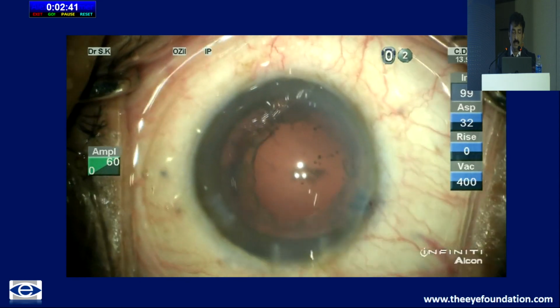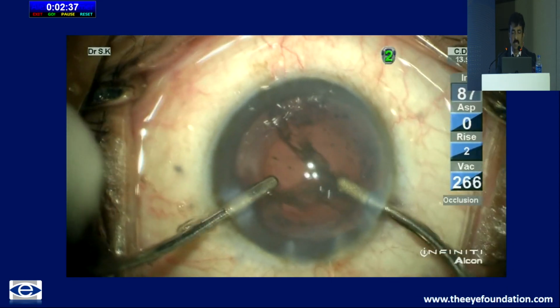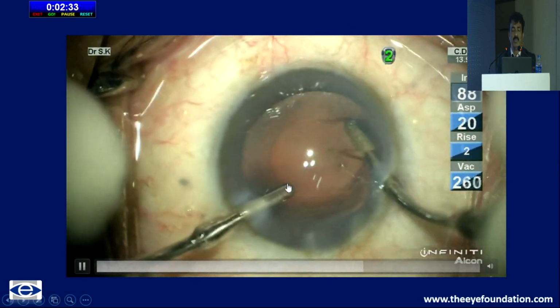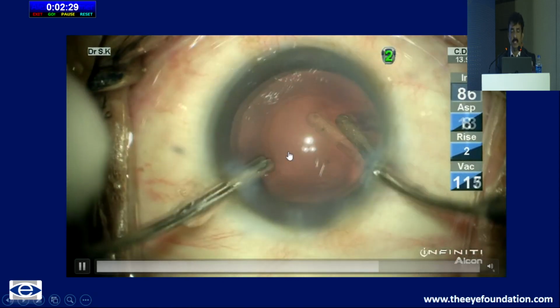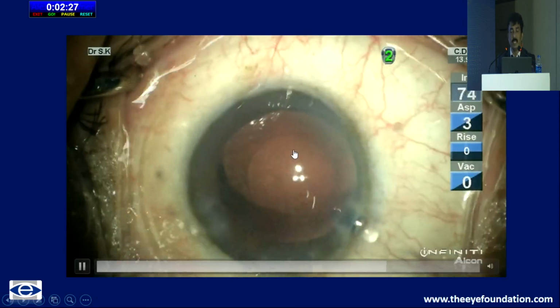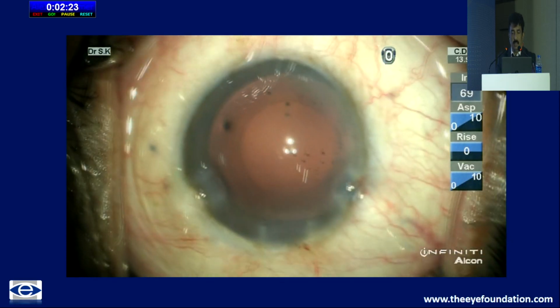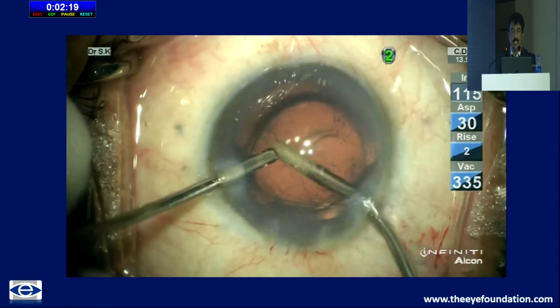Then go ahead and aspirate the cortex, and see to it that the irrigation port is not directed towards the corneal endothelium. It should be sideways or on the iris plane. Inject the lens and place the lens inside the bag.